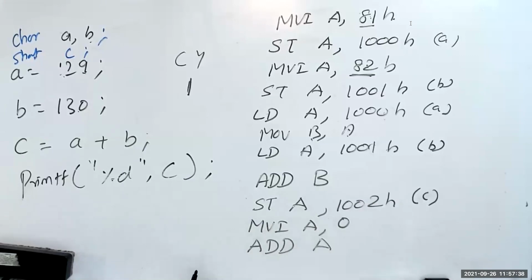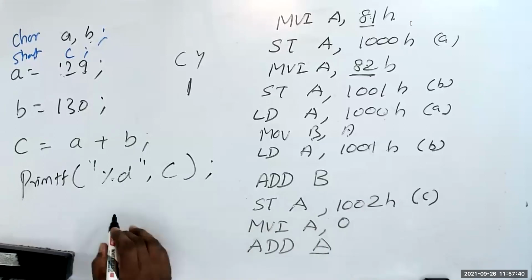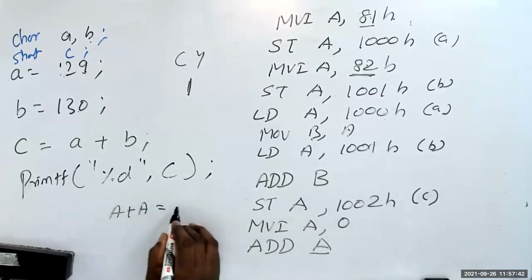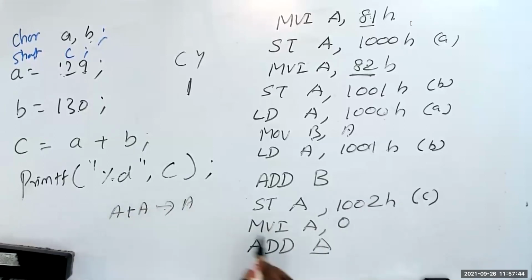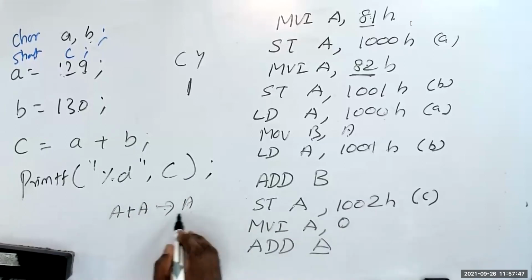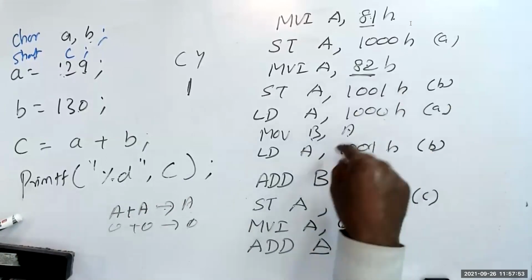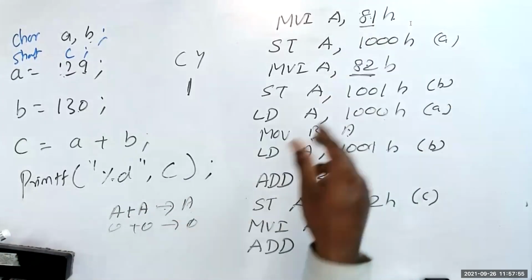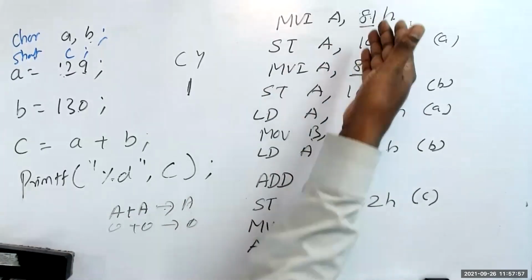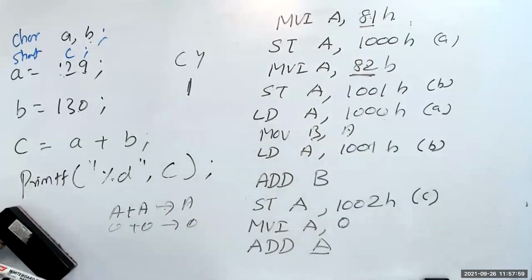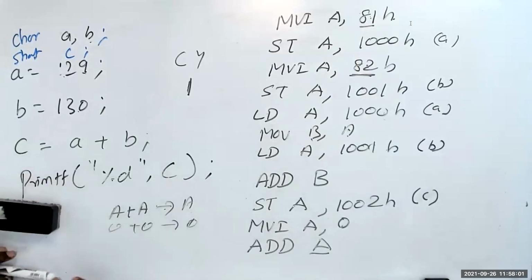What will happen? If you add A, that means A plus A is equal to A. So 0 plus 0 is equal to 0. But unfortunately, I don't know what the other operation is. You could load any number here, not only 81. You can load 10 and 20 also. I don't know if carry is set or not, so I cannot take action.